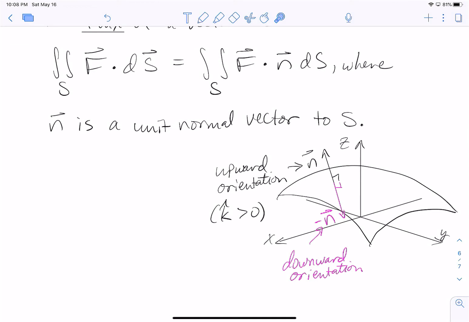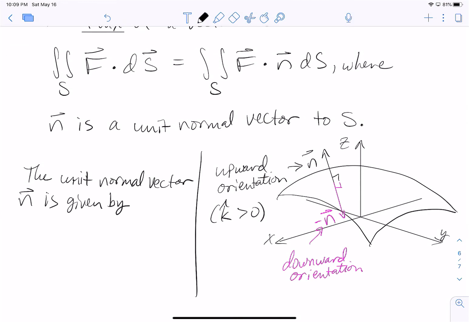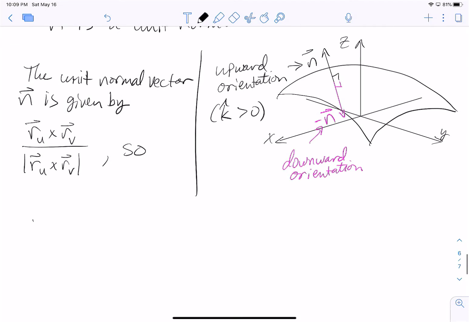But not all our surfaces are functions, and so we can say in general the unit normal vector n is given by the partial of r with respect to u cross the partial of r with respect to v divided by the magnitude of that cross product. So F dot dS, which is F dot n dS.